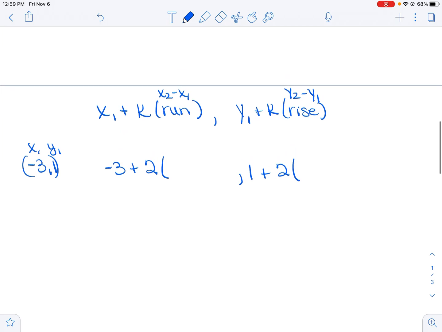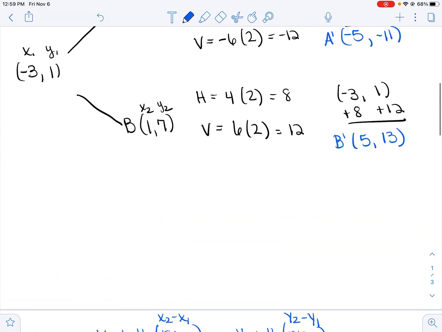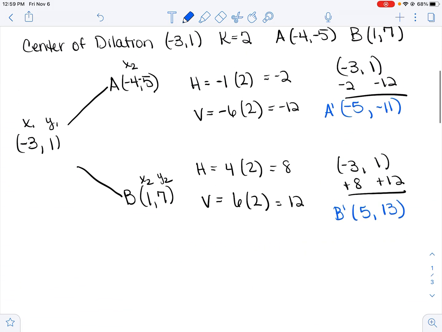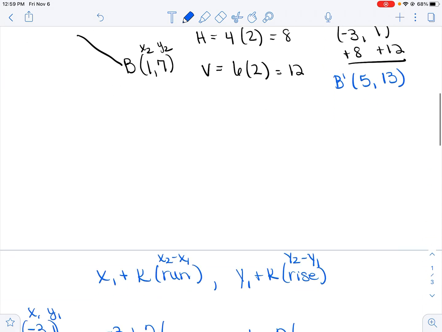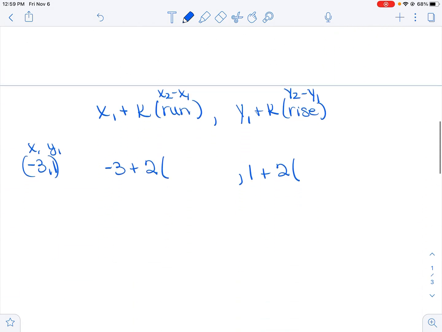Okay, I'm going to go back up here. I don't want to do the whole thing over again. We found that x2 minus x1 was a -1. So my run was -1. And y2 minus y1 was a -6. So the run was -1. The rise was -6.